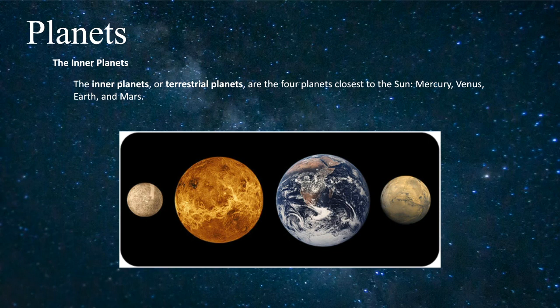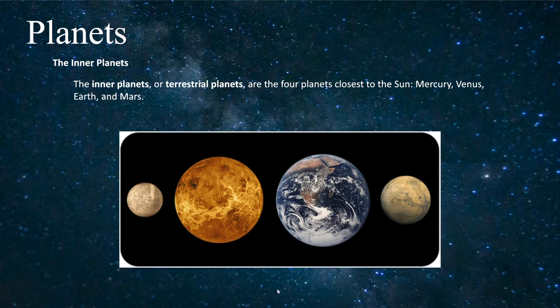So, the inner planets. The inner planets, or terrestrial planets, are the 4 planets closest to the sun, namely Mercury, this one, Venus, this one, Earth, the third one, and for the fourth one, Mars.